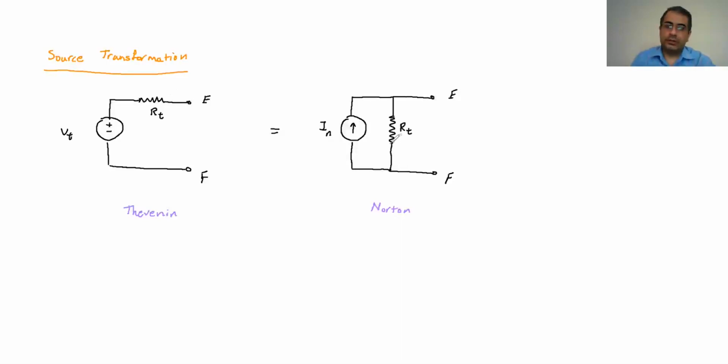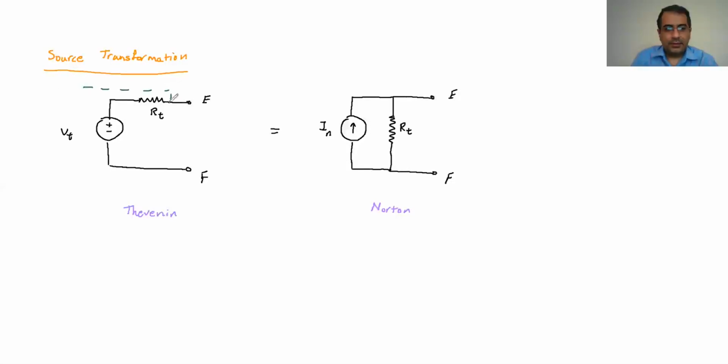Or the other way around. If anywhere in my circuit I have a current source in parallel with a resistance, I can get that part and replace it with the battery with the resistance in series, with the same resistance in series.